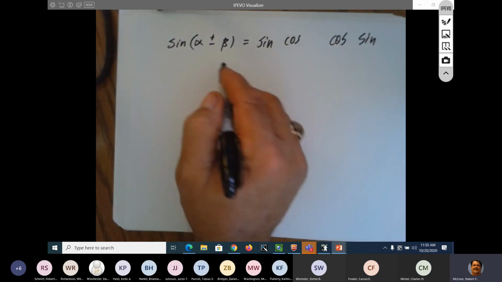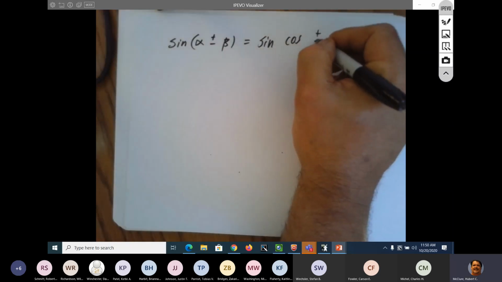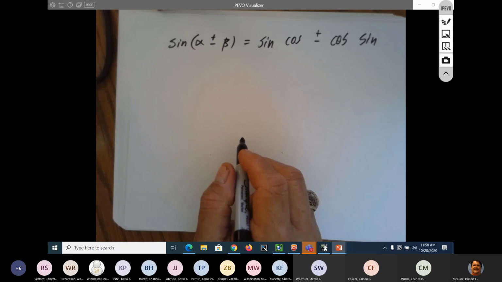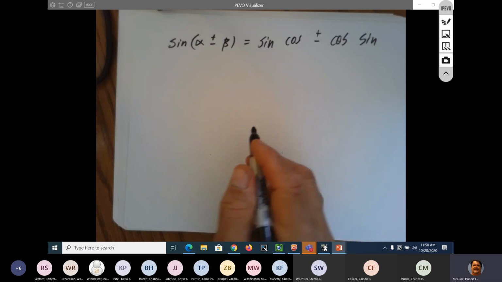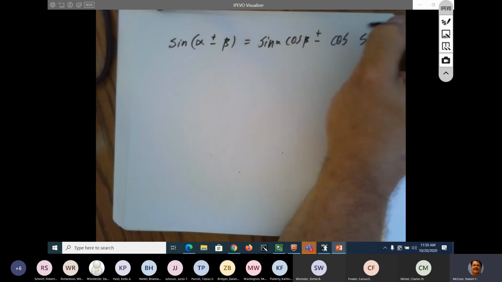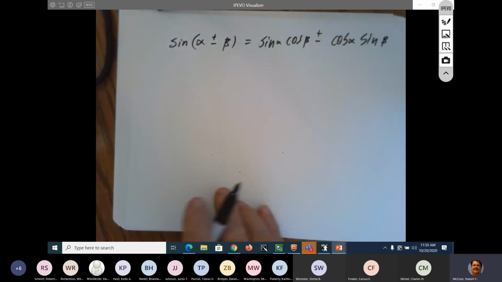And the signs match, so this is going to be positive and negative. And you can put the alpha, the beta, alpha, and the beta right there.